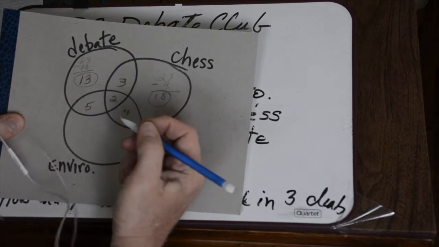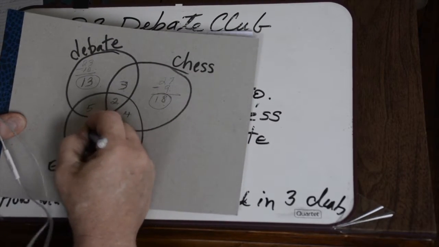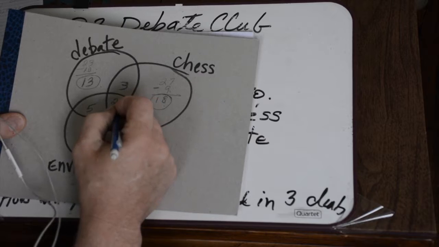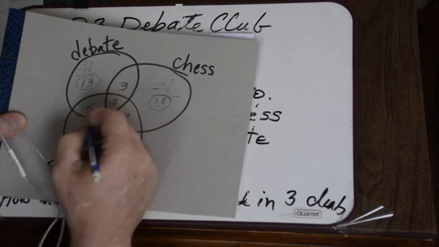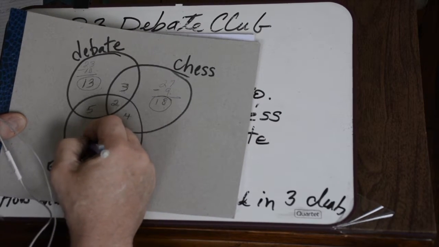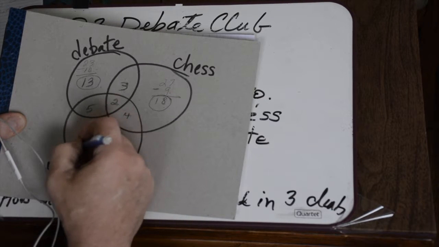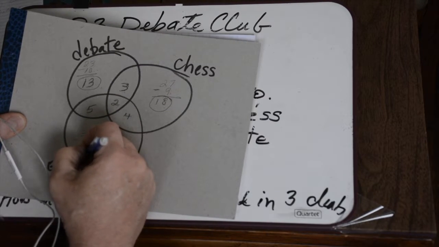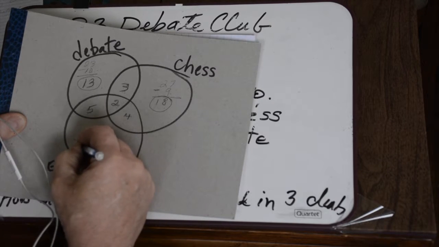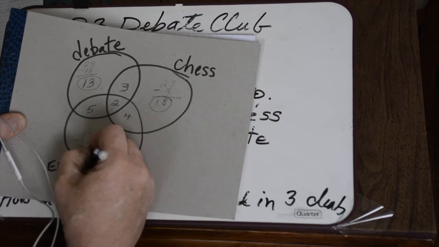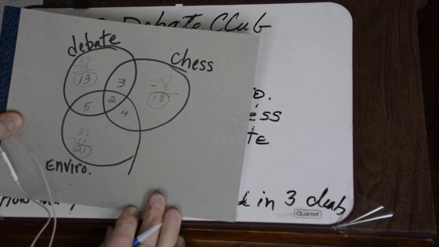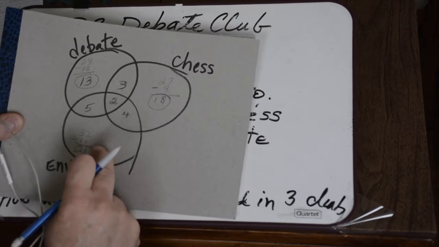So 32 is the total number, but we can account for 11, 6 and 5 is 11. So how many is left? That would be 21. So 21 is the number that does only environmental and not the others.